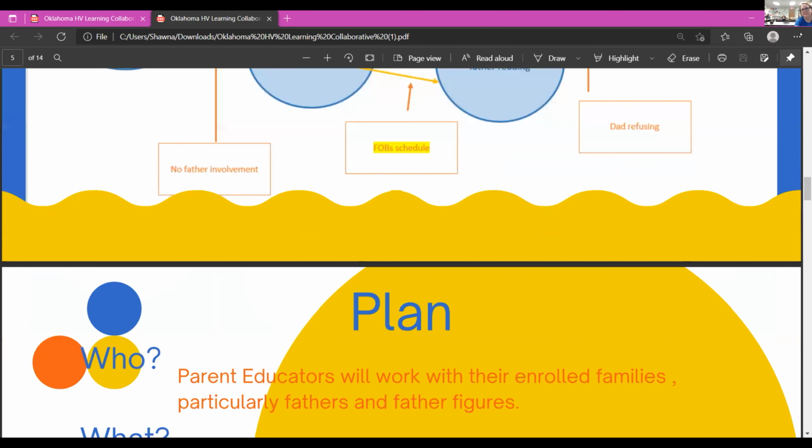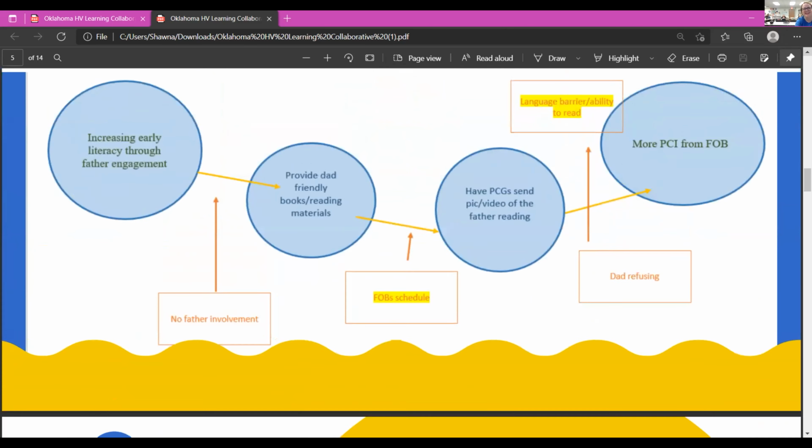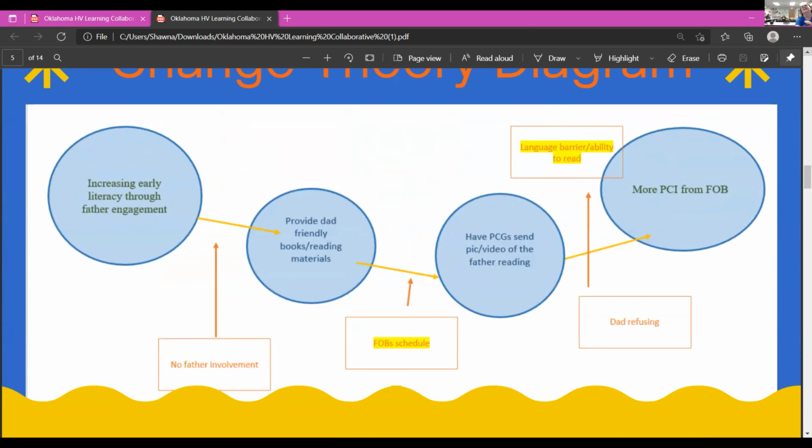Here's our change theory diagram. With our measures, we tried to provide dad-friendly books and reading materials. I made sure to order bilingual books and different books that might be more dad-friendly. And we chose the language barrier and the scheduling issue. I think that explains that, right?